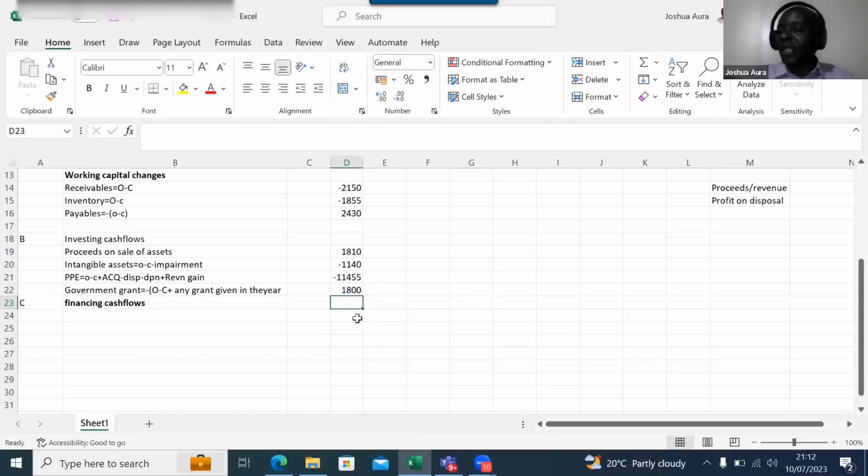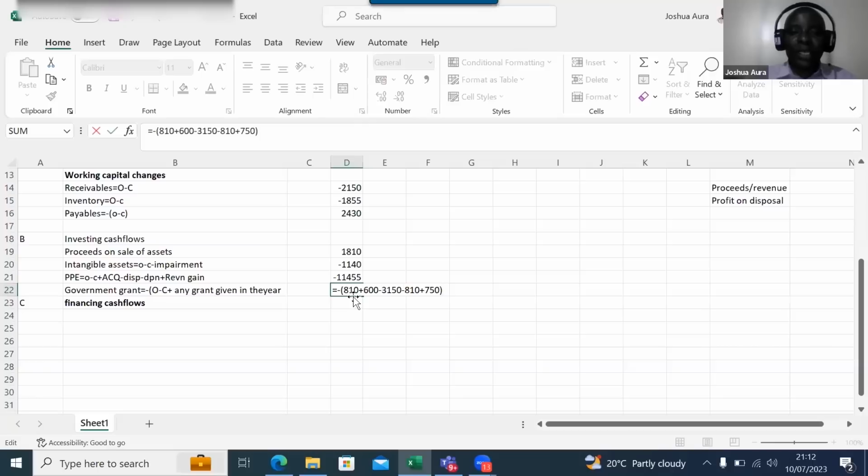So what do you have there as your government grant? Abracadabra. Remember, it is 2400. Check here, F2.